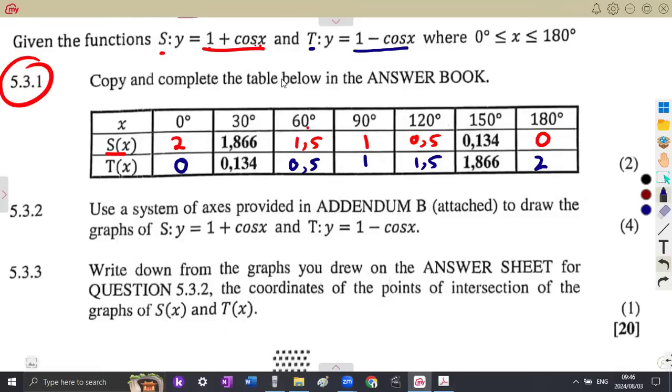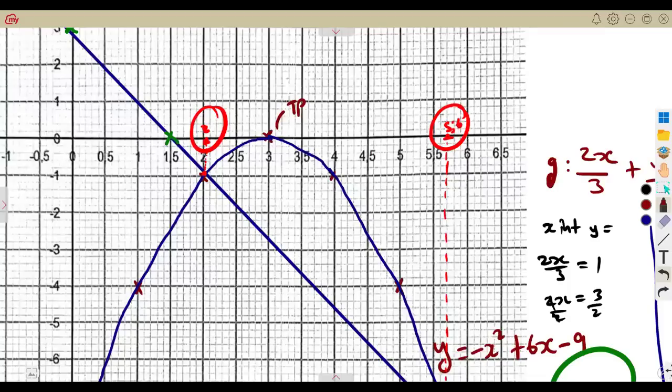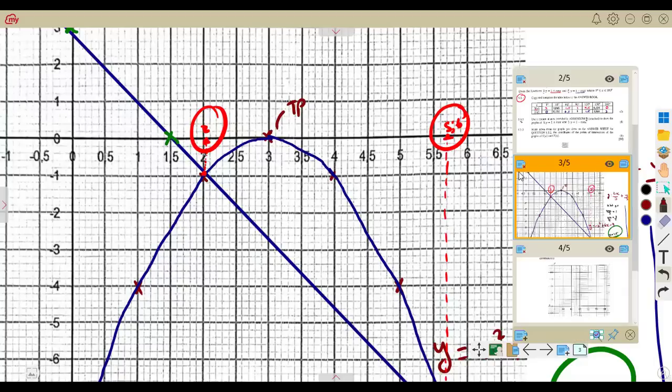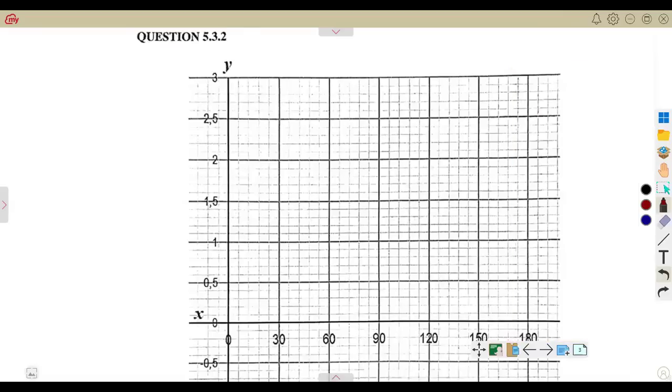So with this table that we have just completed, now we are asked to use the system of axes provided in addendum B to draw these two graphs from this information. All right, so let me just remove this one, guys, and work with the one that we need there. So with this information, let's try and mark out our points.